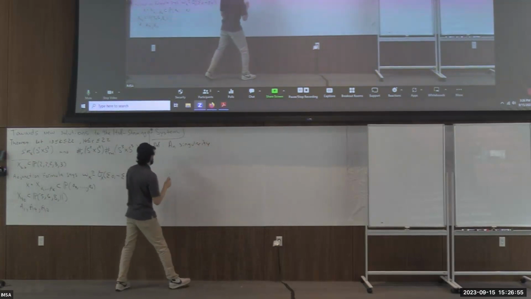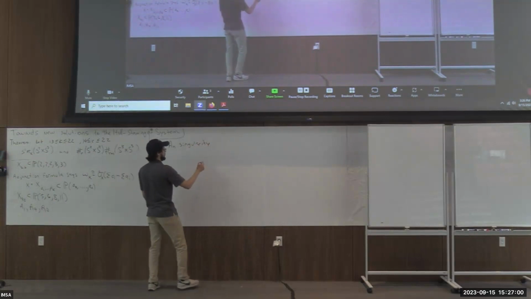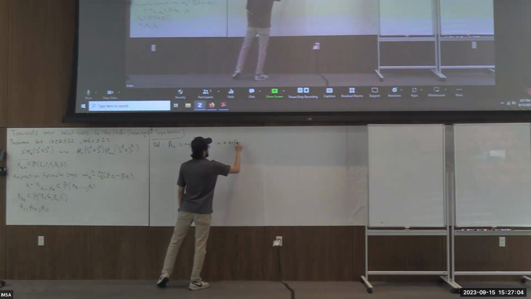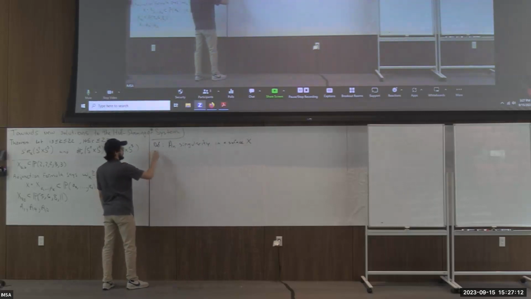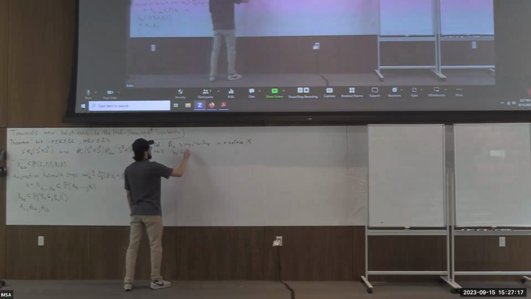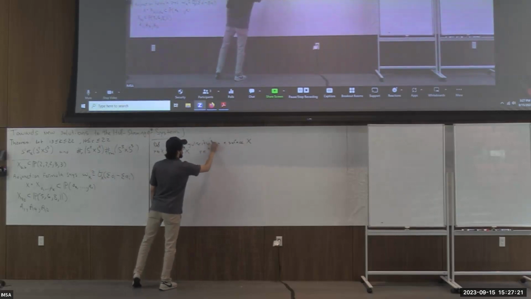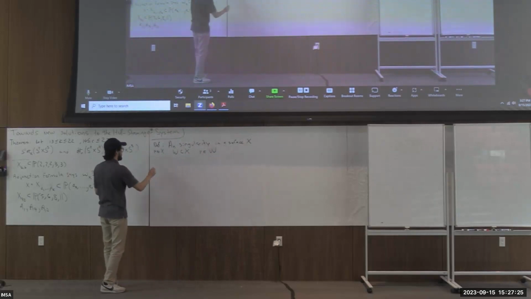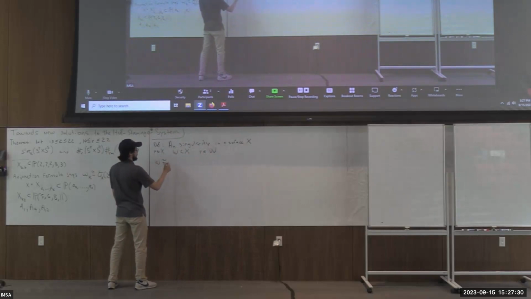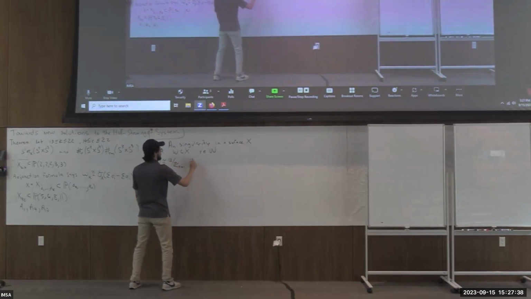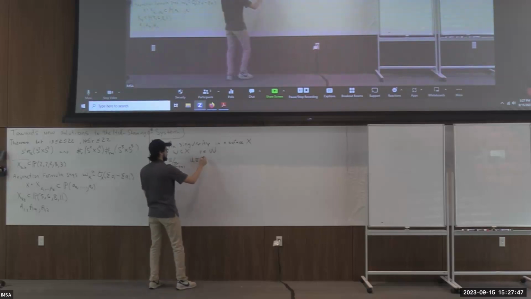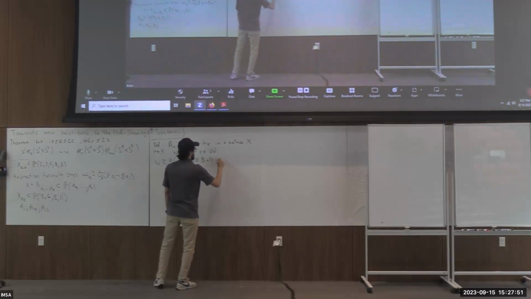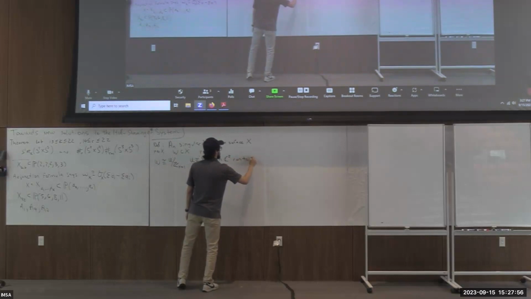It's a du Val singularity. A point P of a complex surface X is an A_n singularity if we have a neighborhood W of P in X such that W is isomorphic to U modulo Z_{n+1}, where, in the analytic description, U is a complex ball in C^2 containing the origin.